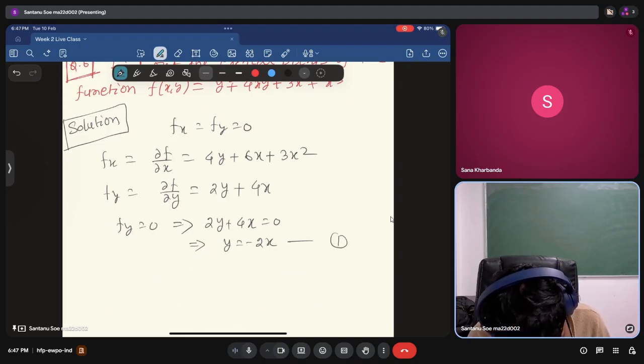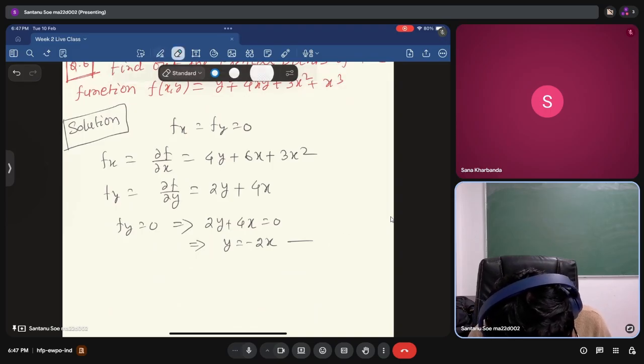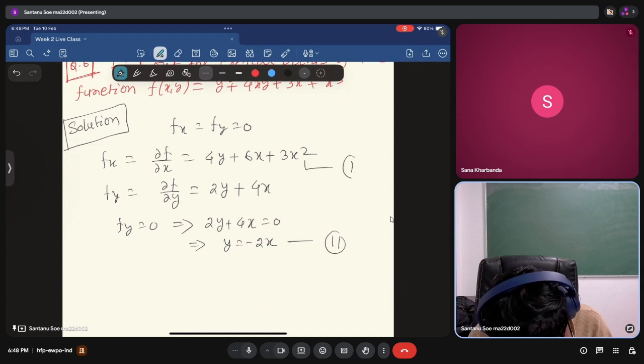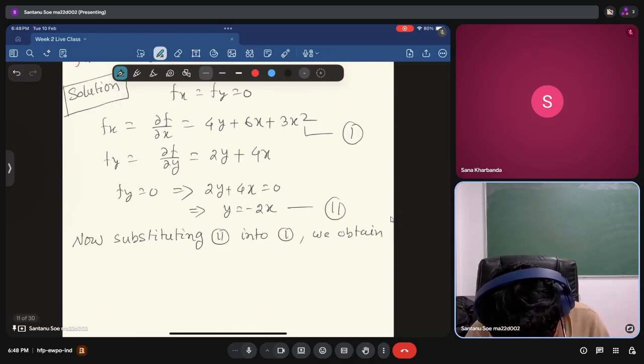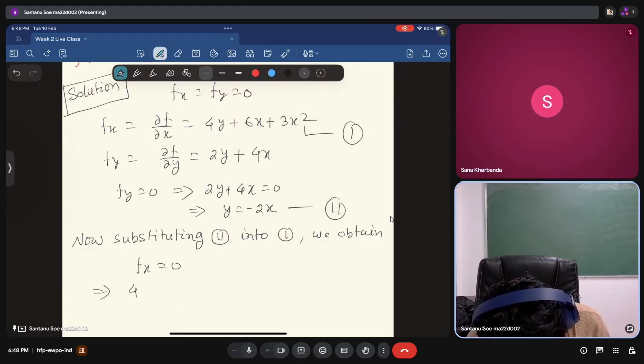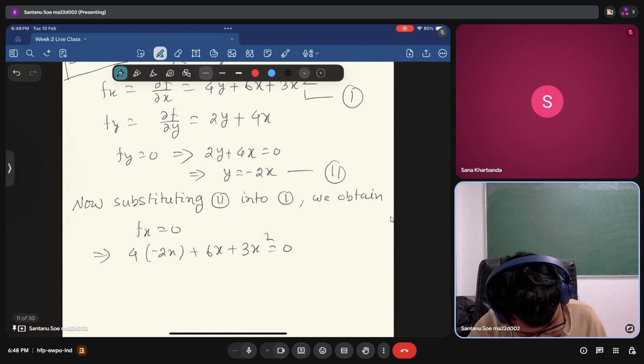Okay. So now call this as 1, and call this as 2. Now substituting 2 into 1, we obtain, since fx equals 0, 4 times minus 2x plus 6x plus 3x square equals to 0.